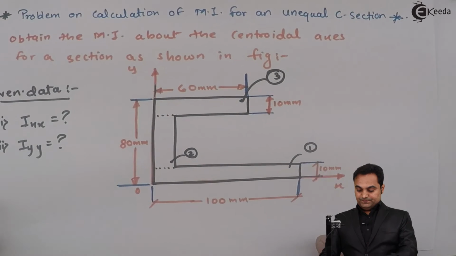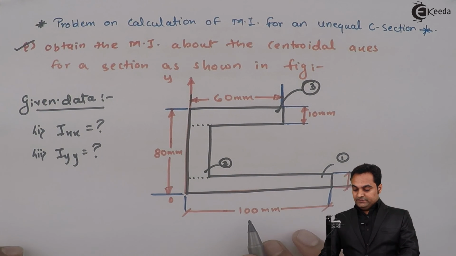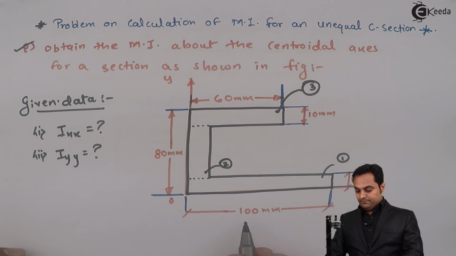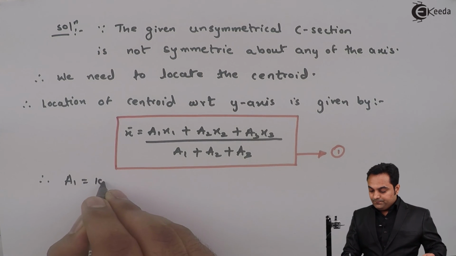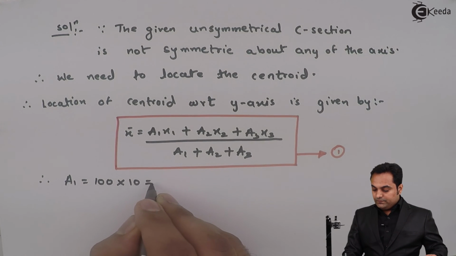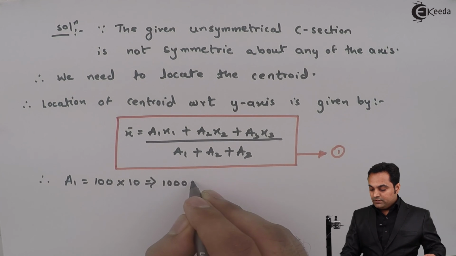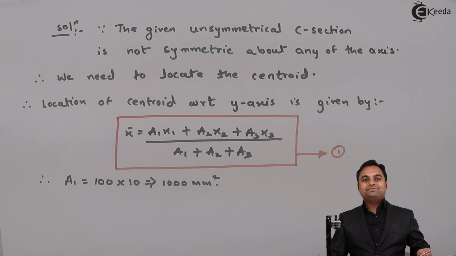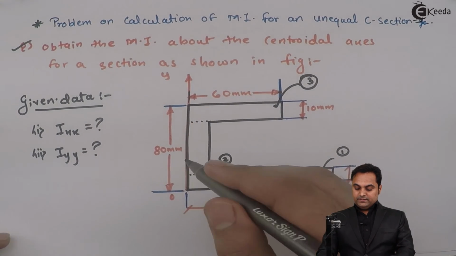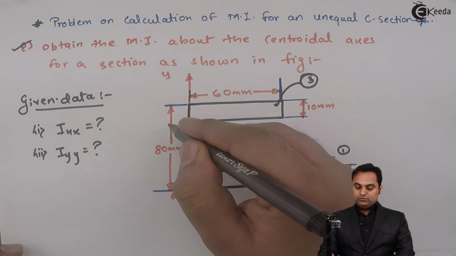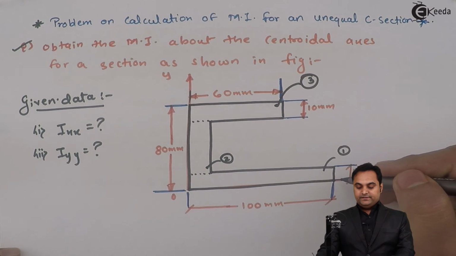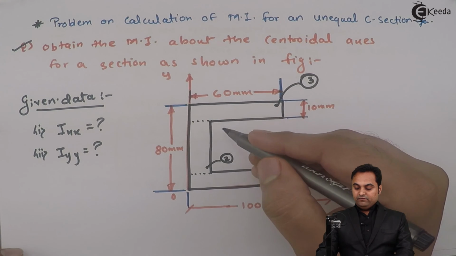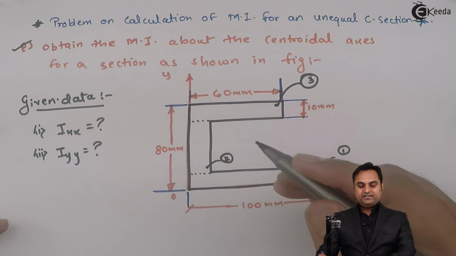So area 1, it is clear that for the first rectangle width is 100, depth is 10, so area 1 will be 100 into 10, that is equal to 1000 mm square. Next, area 2, since this total height is 80, from that if I subtract 10 and 10, that is 80 minus 20 will give me this remaining height for the second rectangle.